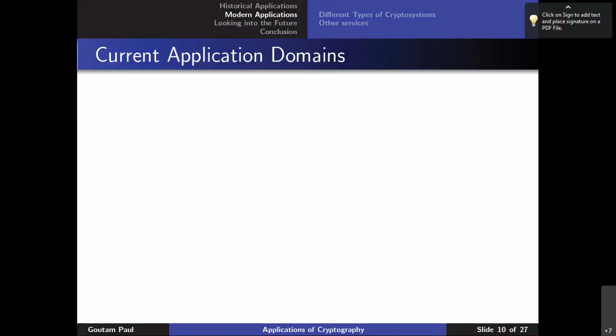Okay, so current application domains of cryptology. We know cryptography is used to protect sensitive government data. Now, what could be sensitive government data? It doesn't only mean data about defense, the army, or the national borders. It definitely includes that, but it's not limited to that.